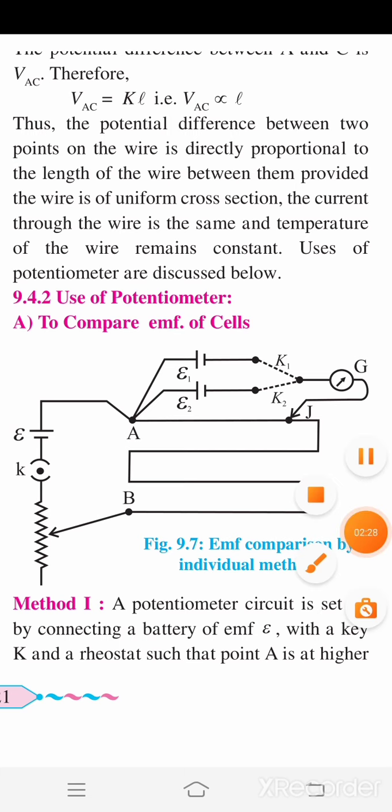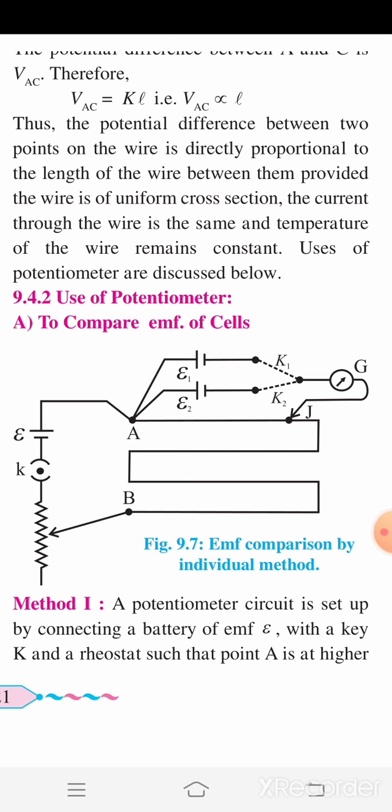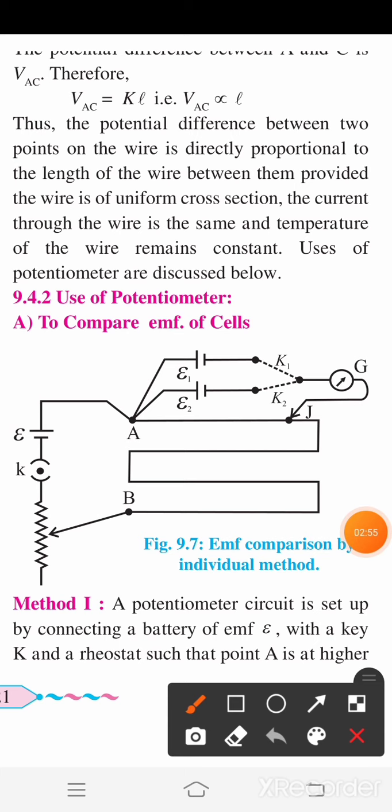So students, first we see the second use, that is, to compare the EMF of two cells. How do we compare the EMF of two cells using a potentiometer? We'll study it with the help of a circuit diagram, figure number 9.7, EMF comparison by potentiometer using two methods.